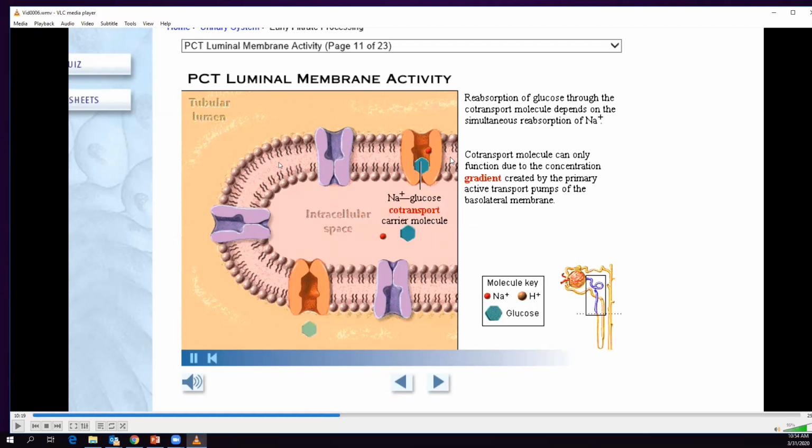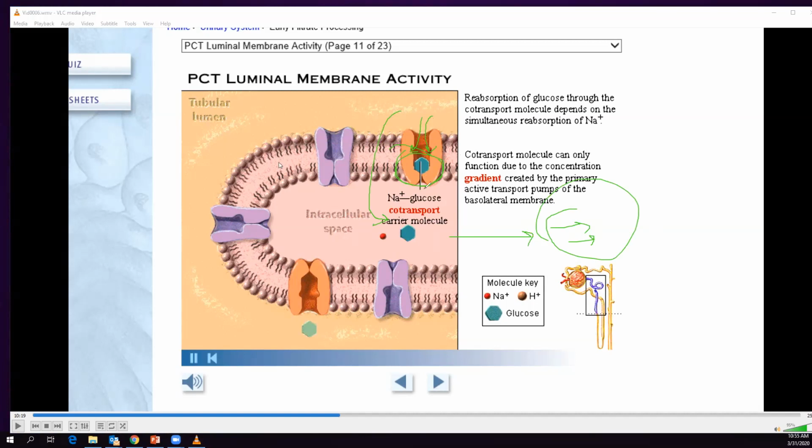Now, why does the sodium want to come in? Because out here on the back end, I'm pumping sodium out, so that draws the sodium in this way. So then the sodium wants to fall in here. Because of the primary active transport of sodium out here, I get the secondary active transport of glucose on the front end.